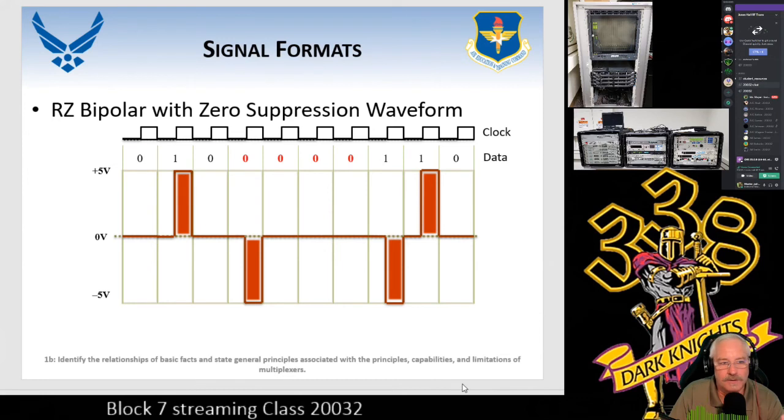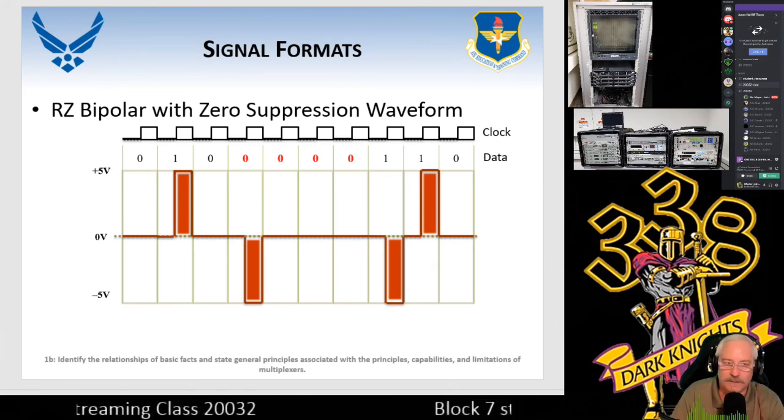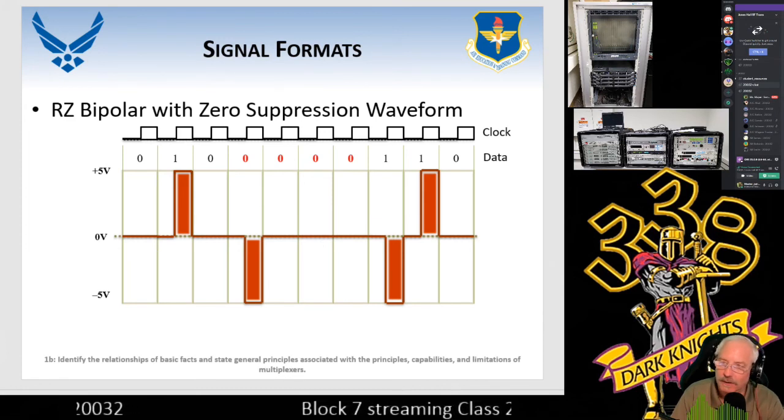Here's what bipolar with zero suppression looks like. In our case, it emulates pretty much what bipolar was at the start. So you have two pieces of data of ones, and they flip-flop. Here's where it gets kind of weird. This one is saying at the fourth zero, we're going to throw what's called a bit violation.